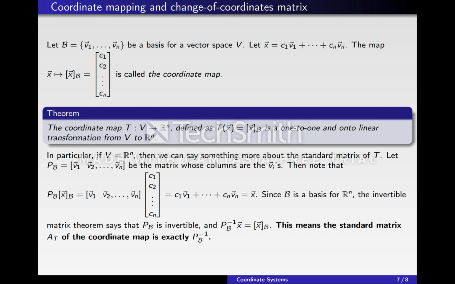Remember the definition of multiplying a matrix by a vector: you take the numbers in the vector, multiply them with the columns of the matrix, and add them up. So the result is c1 V1 plus through cn Vn, and that's exactly x. Well, B is a basis for Rn, and so the invertible matrix theorem says that the matrix P sub B is invertible.